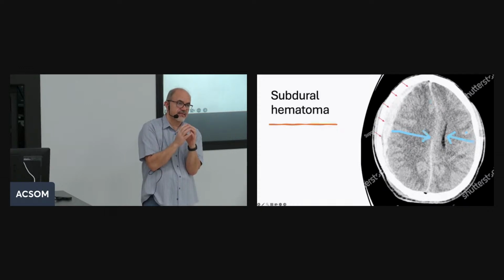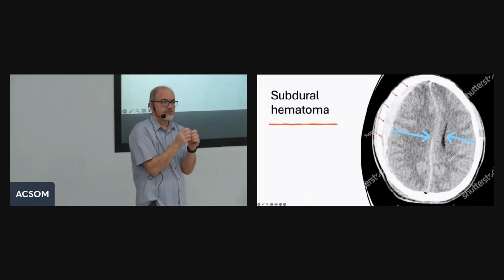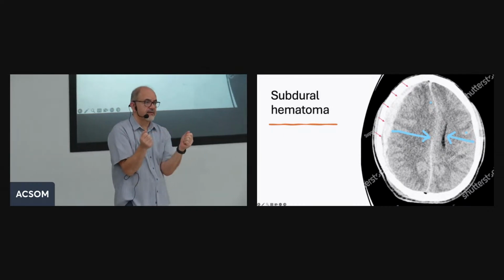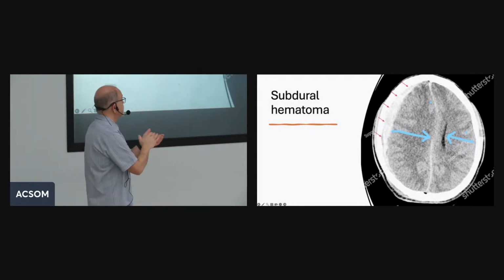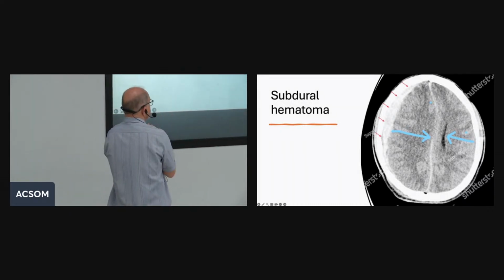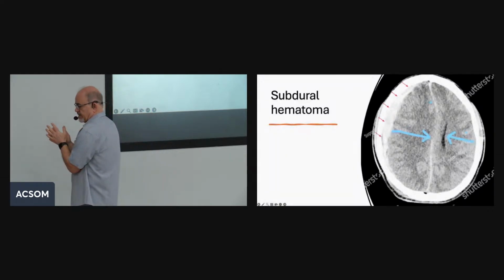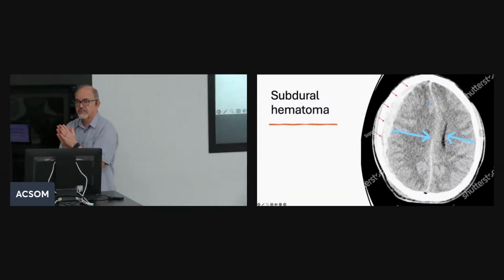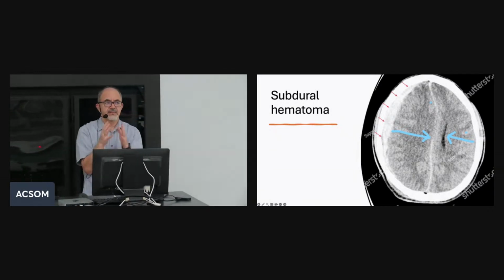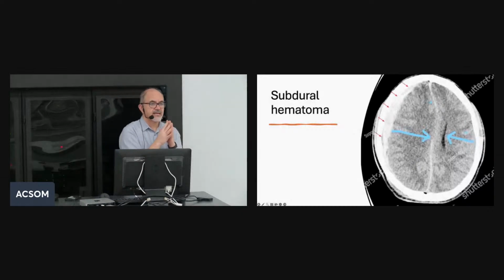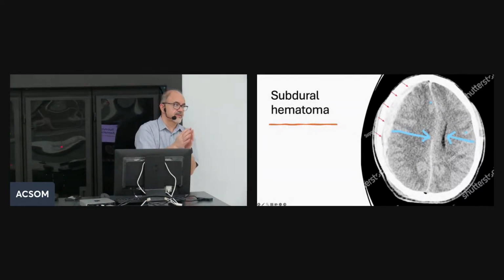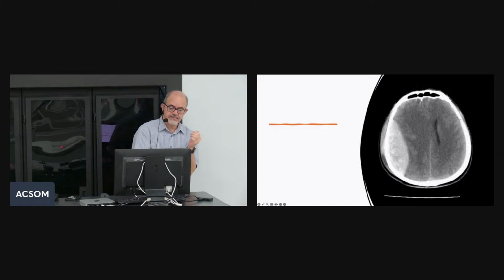A sudden shake of the brain when somebody falls or has an acceleration, deceleration in a car accident, those bridging veins rip, they tear, and then bleeding occurs in that space. And it gives you this kind of crescent shape, concave shape, subdural hematoma. So subdural hematoma mostly happens in elderly people when the brain is shrunk and the bridging veins are hanging in the subdural space, and any sudden shaking can rip the veins and cause subdural hematoma.